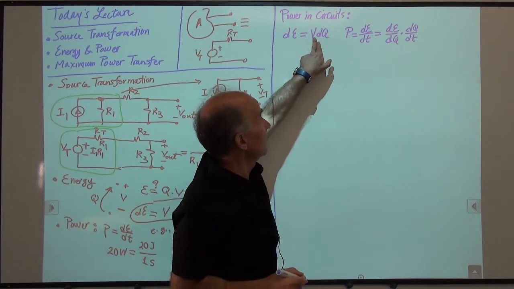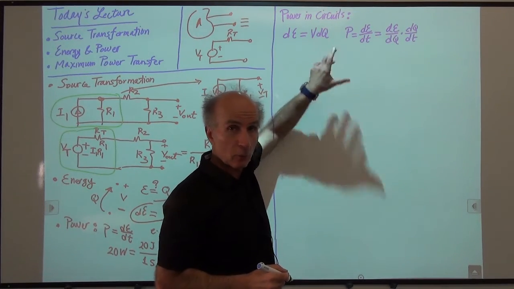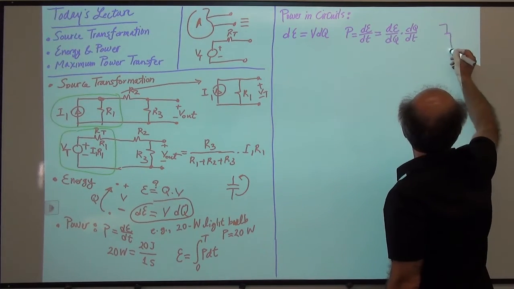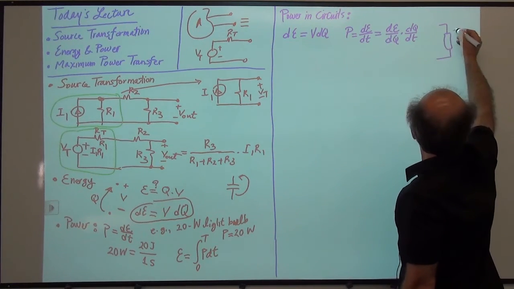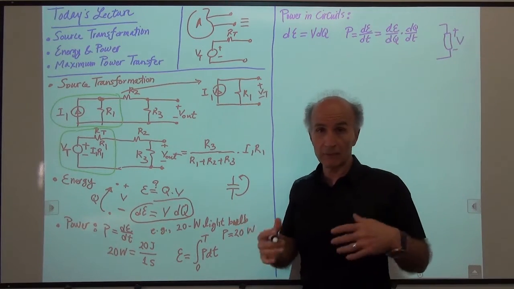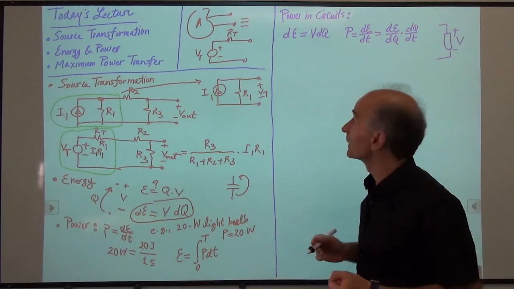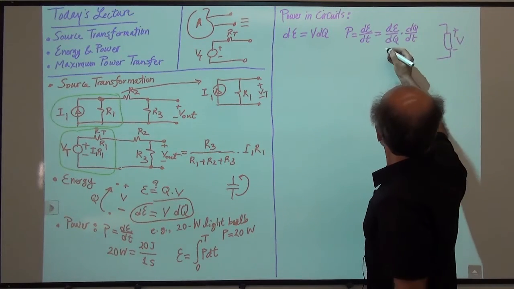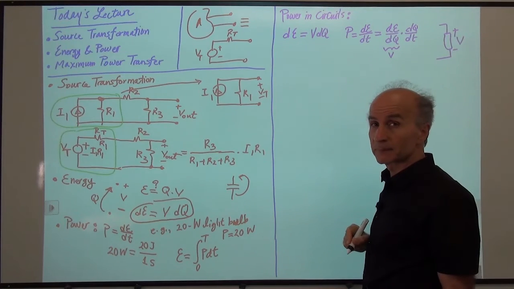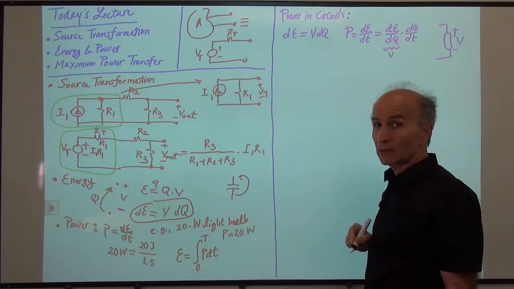All right, so what is dE over dQ? dE over dQ is the voltage difference that we have across whatever the device is, right? So for example, you have some sort of device here, and that device has a voltage difference of V across it. That V could be time varying or not, doesn't matter, right? So it's a certain V. So this part is the voltage across the device. And then dQ over dt, what does that mean?